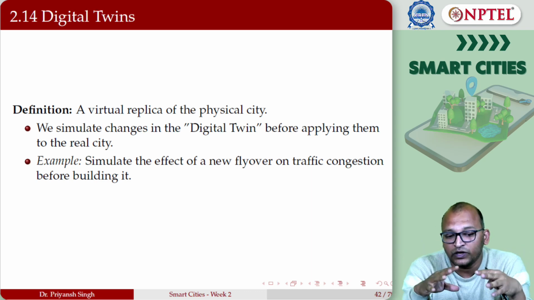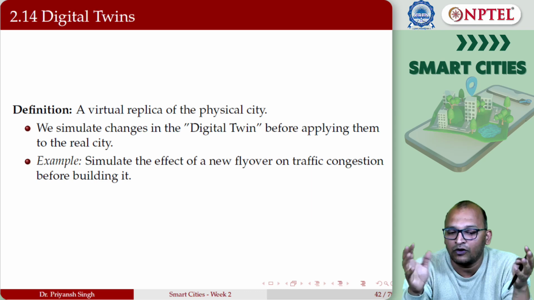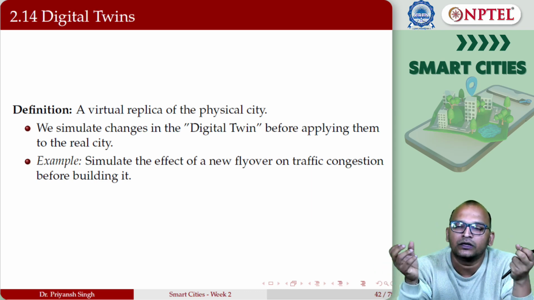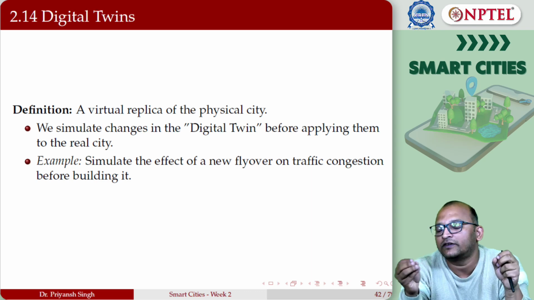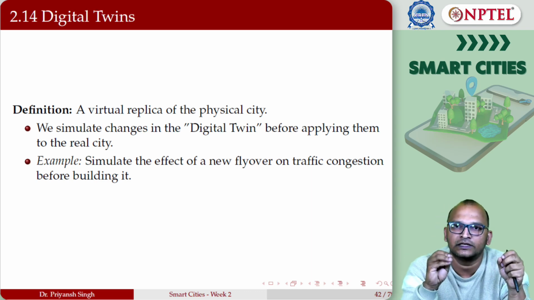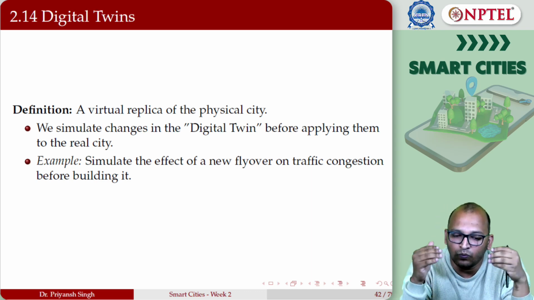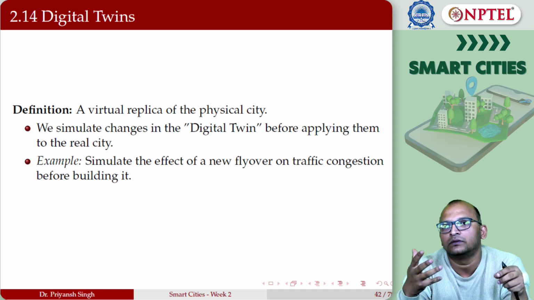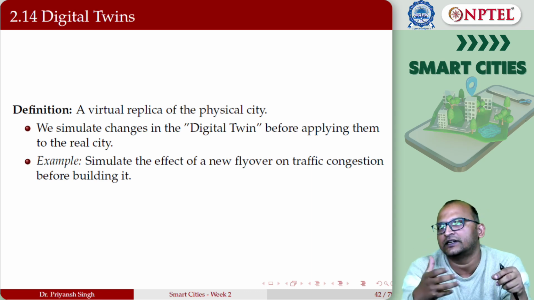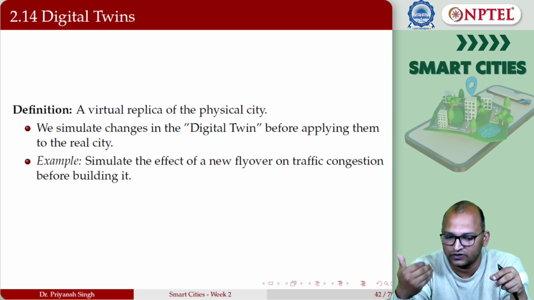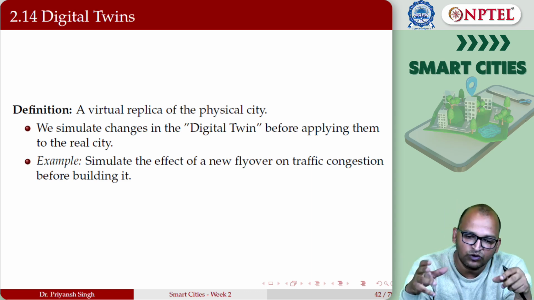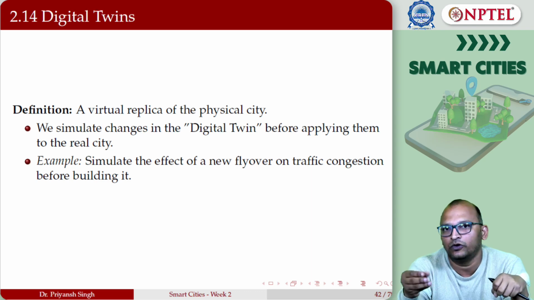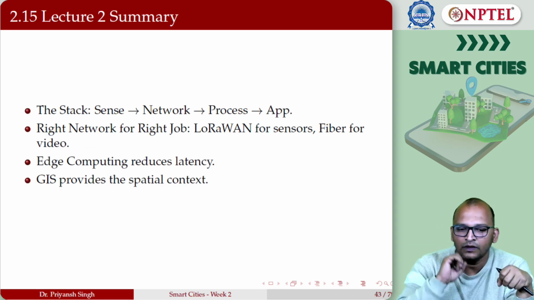A digital twin is a virtual replica of a physical city, in which we simulate whatever changes or solutions we are providing for a smart city. Based on these simulations, we assess the percentage of success or the efficiency of the solution. For example, we can simulate the effect of a new flyover on traffic congestion before building it.